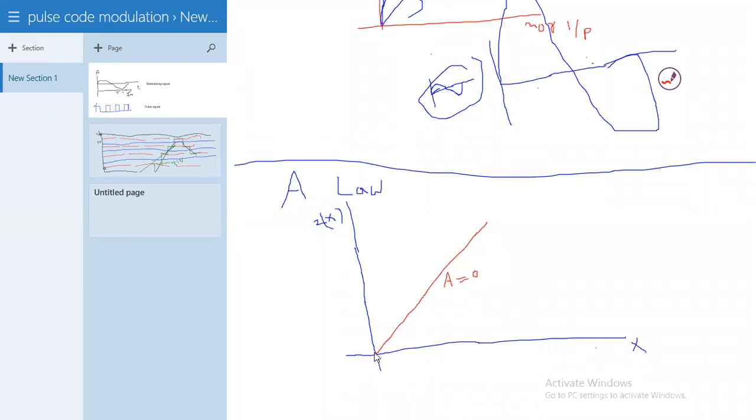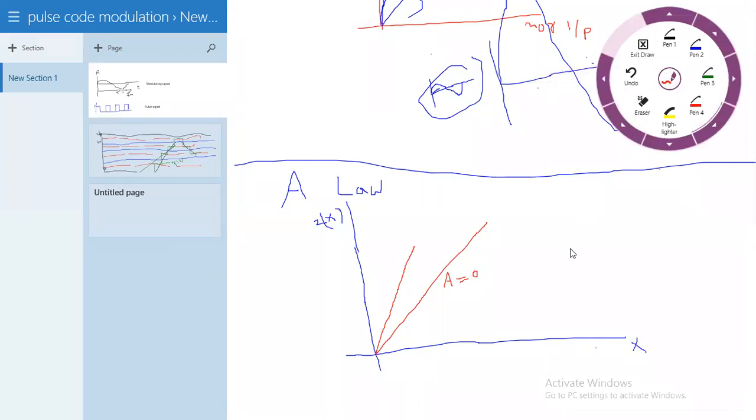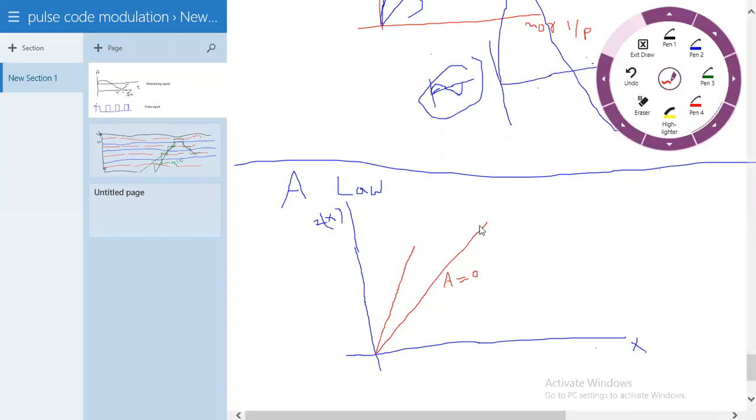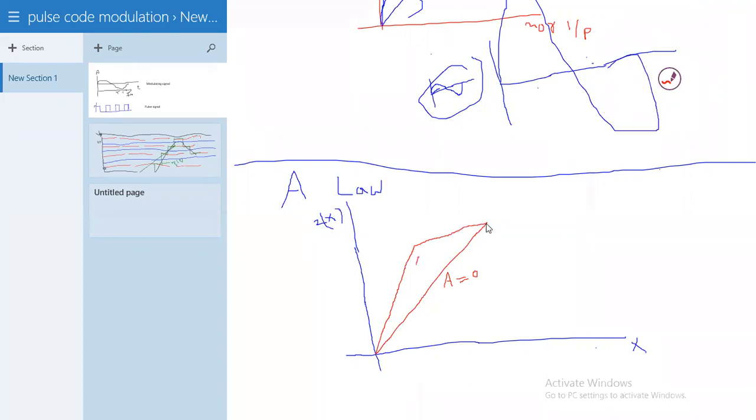Now we draw A equal to 2. This is for A equal to 2.